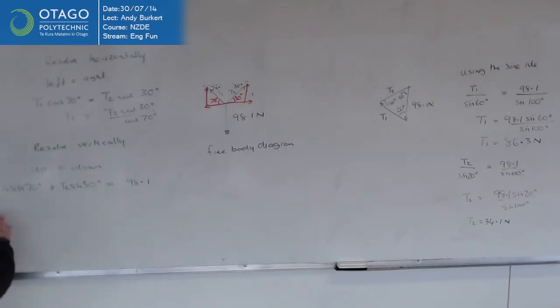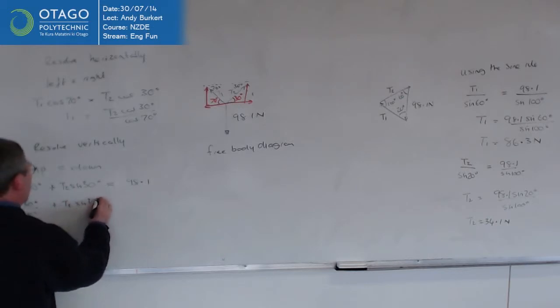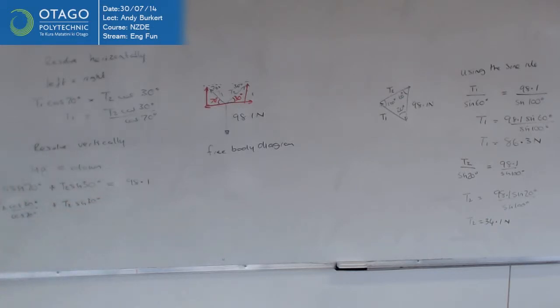So instead of T1 we write T2 cos 30 degrees over cos 70 degrees plus T2 sine 30 degrees equals 98.1.